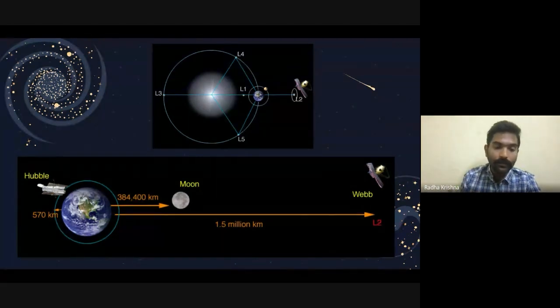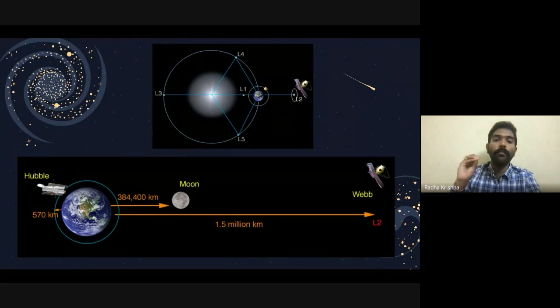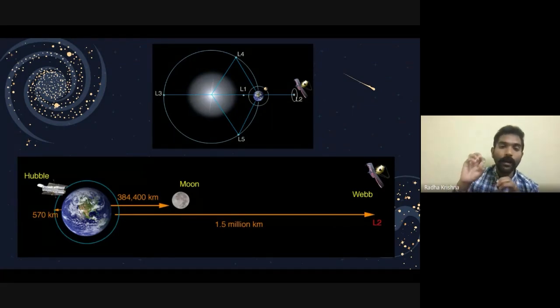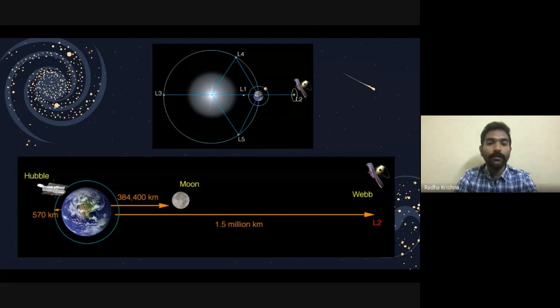Aditya L1 is designed in that way: if we put our satellite around the Sun at the L1 point, it can have a good view of the Sun at all times, and also of Earth. This line is always fixed. So it is a satellite around the Sun, but with respect to Earth, the line is fixed. That is Aditya L1.